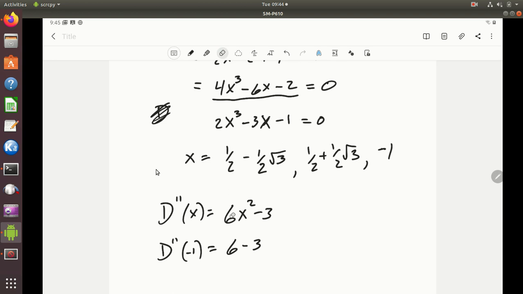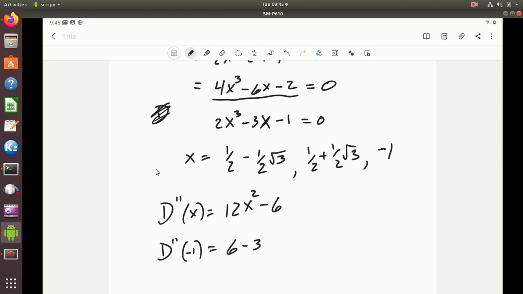Okay, so caught that quickly. My d double prime is 12x squared minus 6, well, it did just double it, didn't it? 12x squared minus 6.